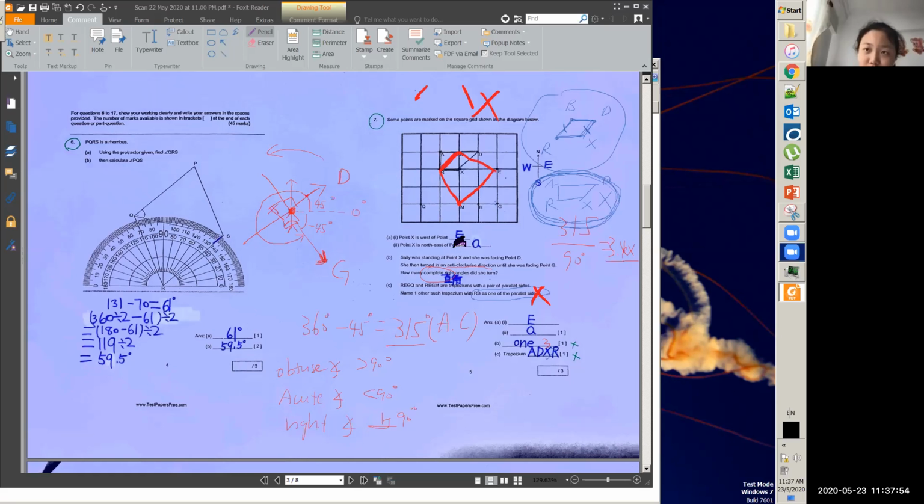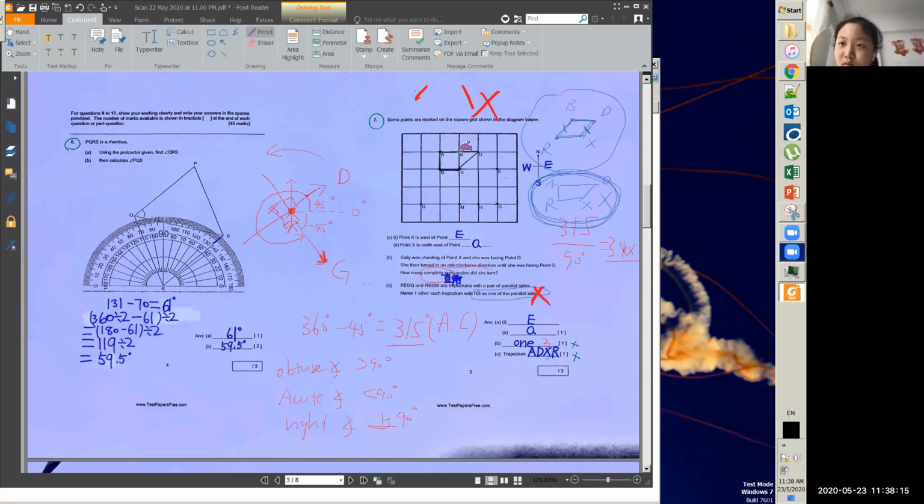But just now that one also has a pair of parallel lines. Which one is parallel? BD and RE. Okay, let's look at your BDRE.